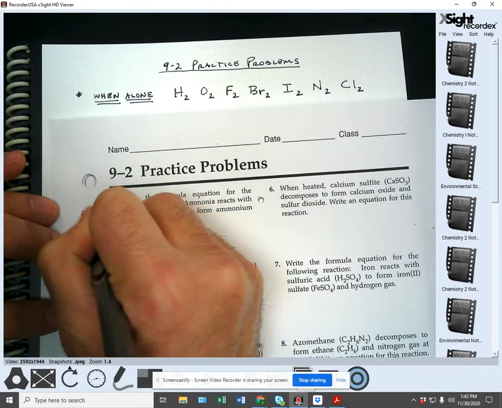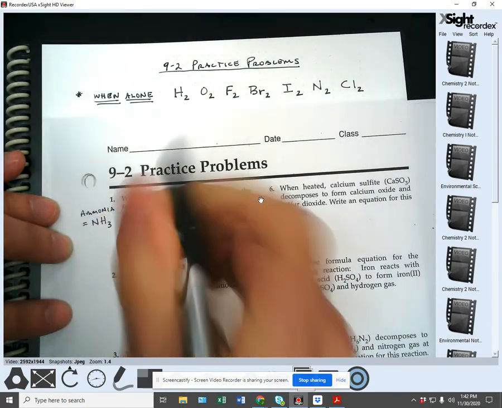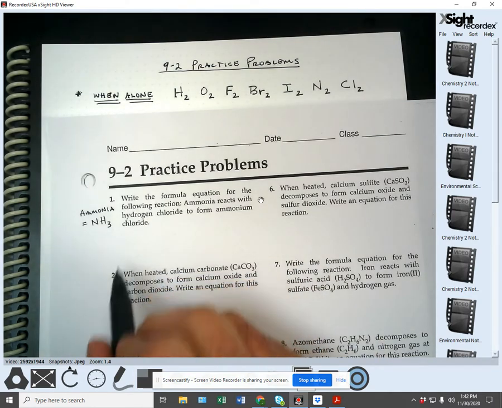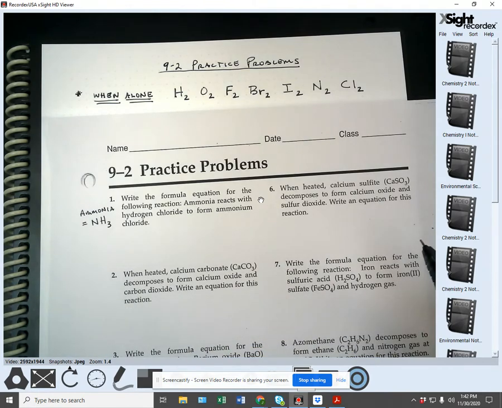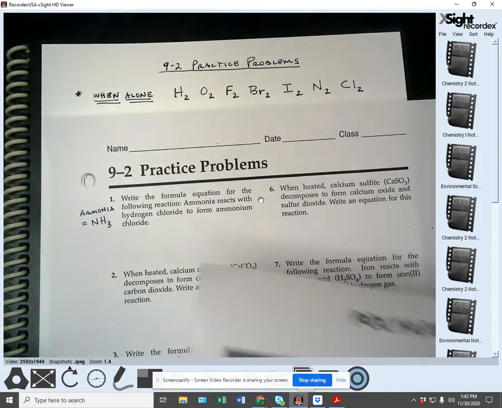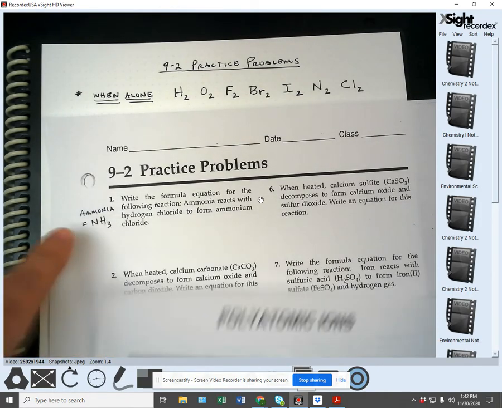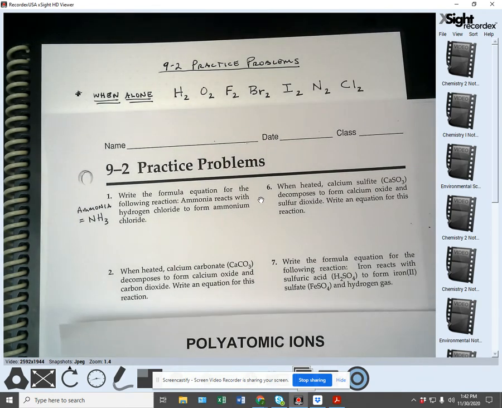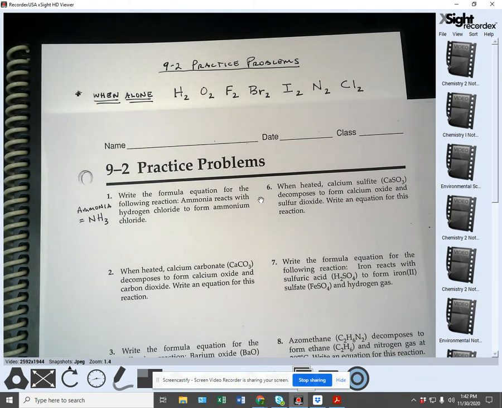Ammonia is NH3. Ammonium is the positive polyatomic, NH4 plus 1. So it's ammonium chloride. You'd use that to make the equation for it.